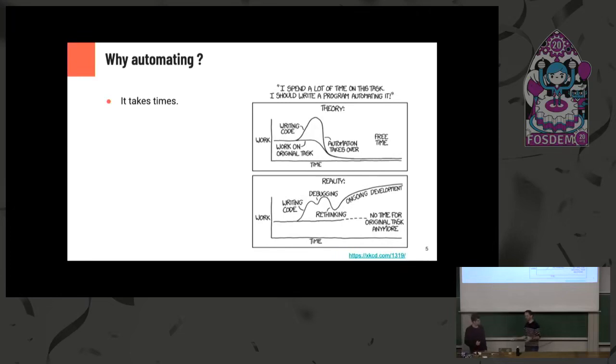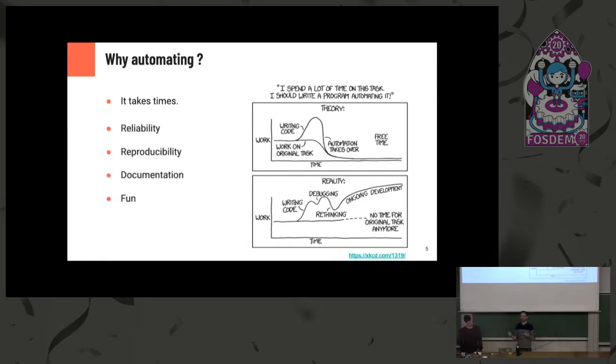So I should automate that, right? And then I have a lot of free time and I can drink more coffee. But this is not how it happens, because you have this initial investment, but you're going to need to maintain that initial investment over time. So in the end, you might end up in that situation over there on the bottom where you have no more time at the end of automation.